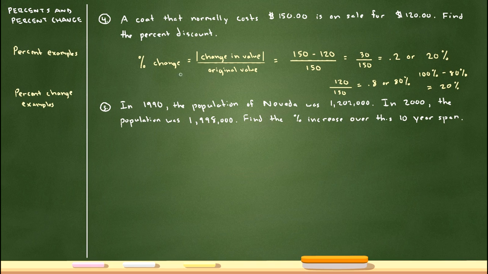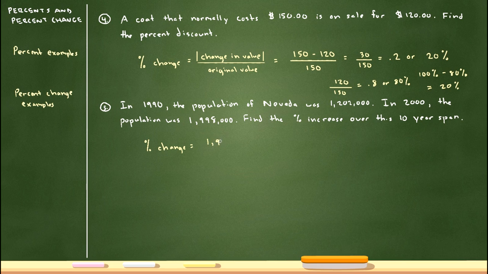So if we follow the percent change idea up here, that it's going to be the change in value divided by the original value. If we follow this, so let's get this percent change will equal, now the change in value, it doesn't matter which way you do the subtraction because we're taking the absolute value, but what's the difference between these two numbers?